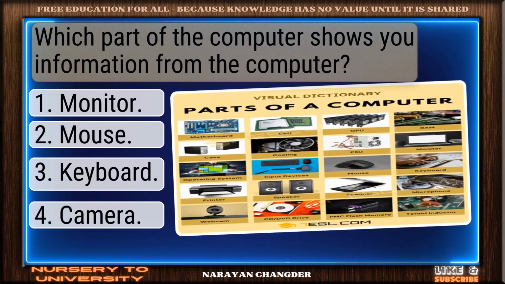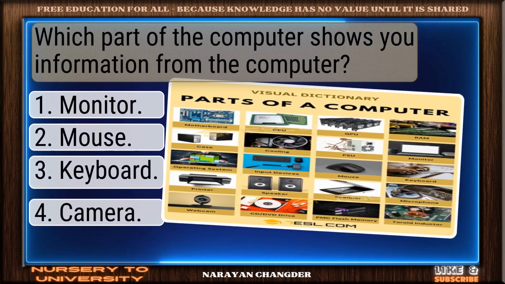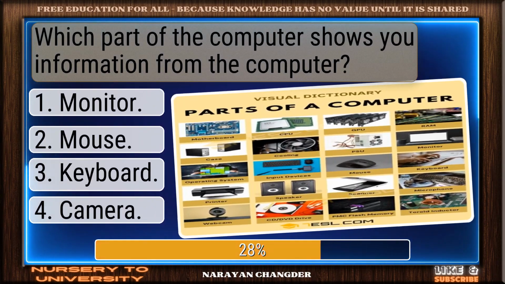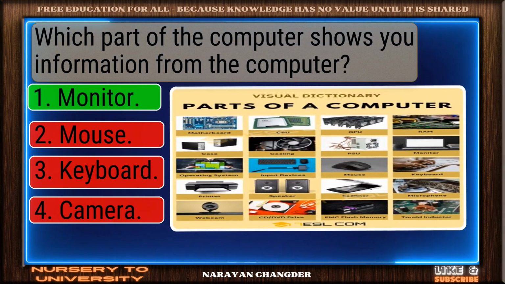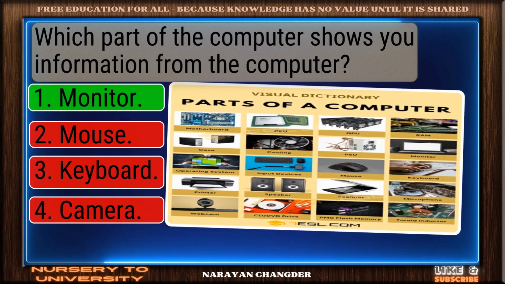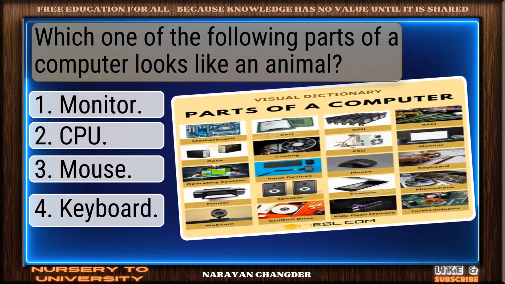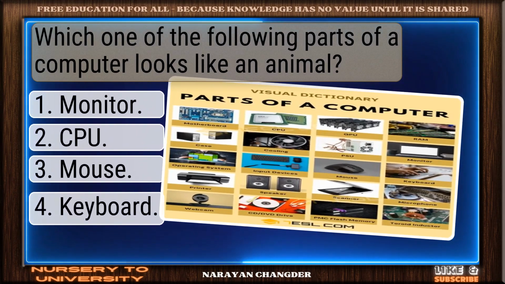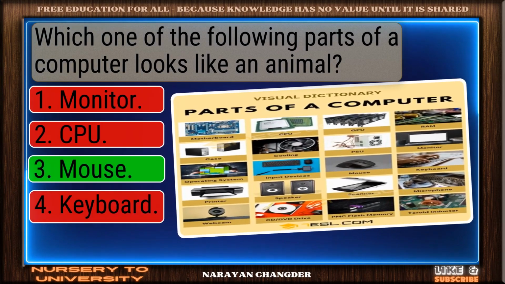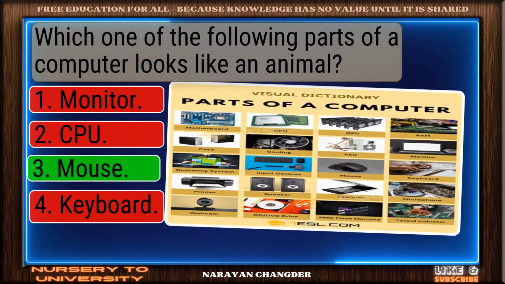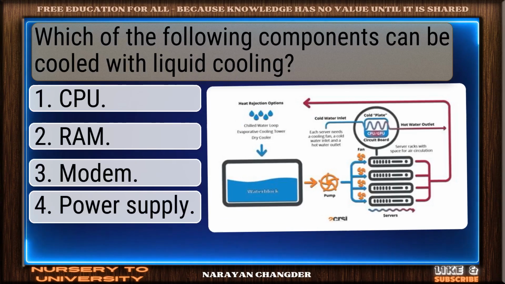Which part of the computer shows you information from the computer? Sharp thinking. Monitor is the right choice. Which one of the following parts of a computer looks like an animal? Nice selection. Mouse is the correct and valid answer.